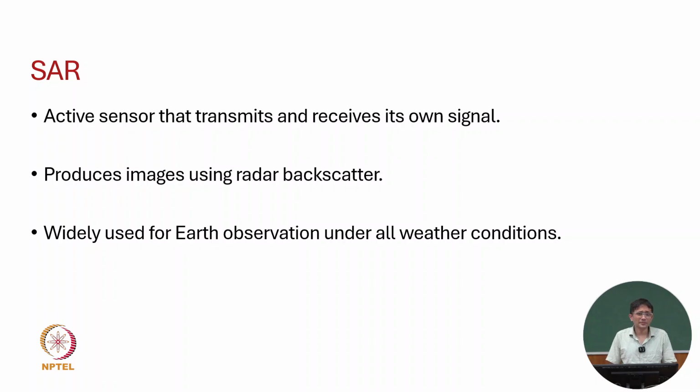And this is, I will say, one of the primary reasons that SAR image is popular in Earth observation. Whereas optical images cannot be used in the presence of clouds and other weather conditions. SAR we can use in several such situations where we would not be able to use optical images.